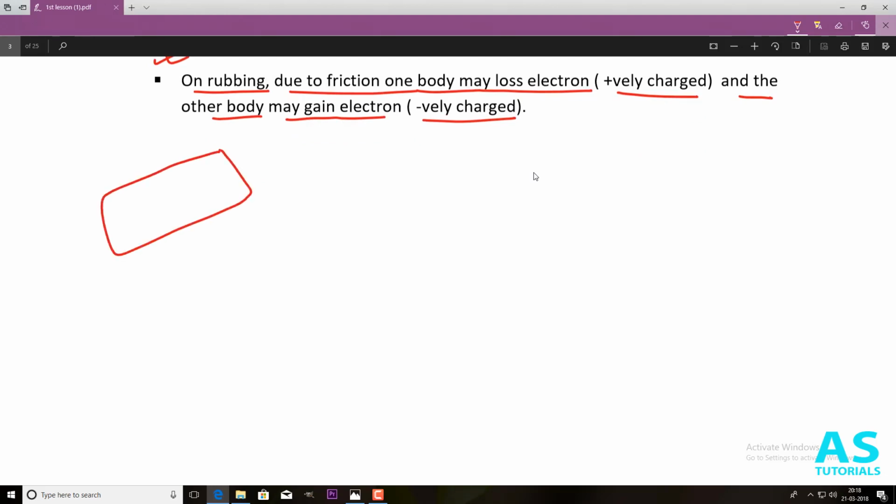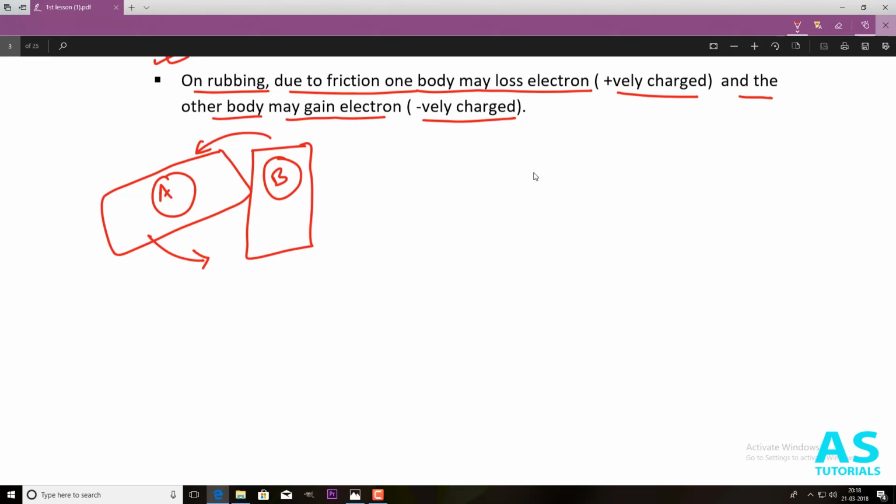When you have a body here being rubbed with another body, this is A, this is B. There is no definite rule that body A should be losing electrons or gaining electrons. However, it is certain that one of the bodies should be losing electrons and the other body should be gaining electrons. And that electron simply cannot disappear, as this will violate the law of conservation of charges.